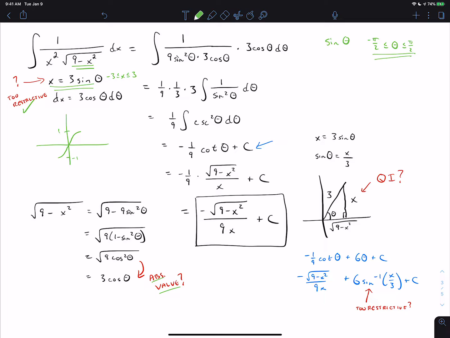If we think about angles between negative pi over 2 and pi over 2, they're angles in the first and fourth quadrant. So they're here or here. Cosine is always positive there because x is always positive there. If you get a value that's on the y-axis, cosine is 0, but that's okay. And so the absolute value is okay because we know that cosine is not negative on the restriction that we're using for theta.